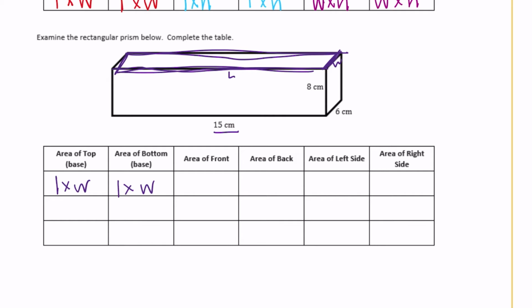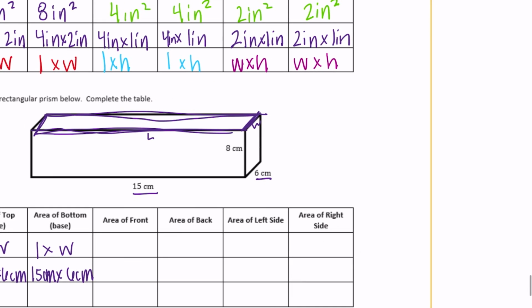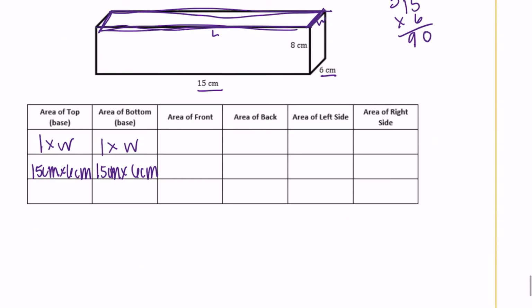The length is 15 and the width is 6. So 15 centimeters by 6 centimeters. It would be the same for the bottom. And what is 15 centimeters times 6 centimeters? It's 90. So we would have 90 centimeters squared for both the top and the bottom bases.